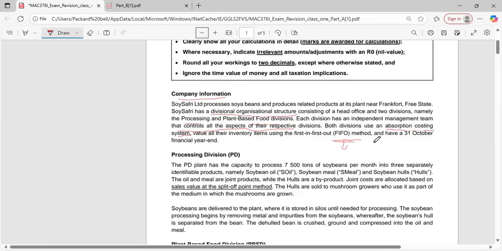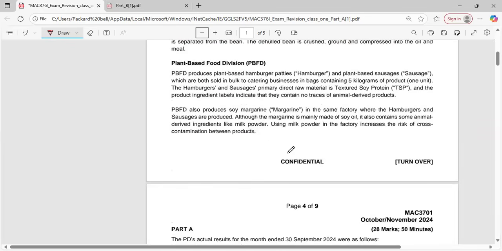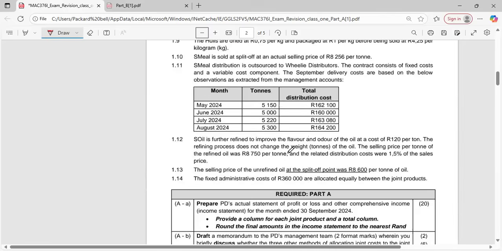If you are using FIFO, you don't include opening inventory in the cost of the inventory. That's the only difference, which means FIFO is only there when you value your closing inventory, right? And here we should understand the difference between absorption costing and direct costing. Those are very basic principles that we should all understand, right? Then I want us to look at the question that we are required to do before we read much.